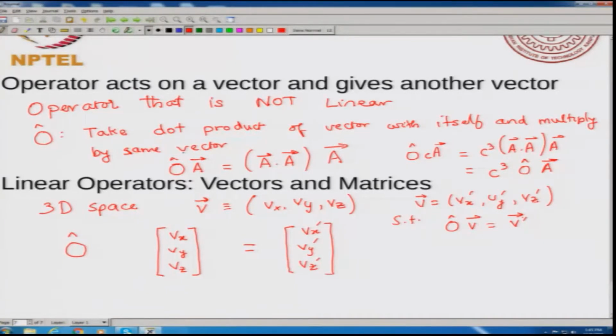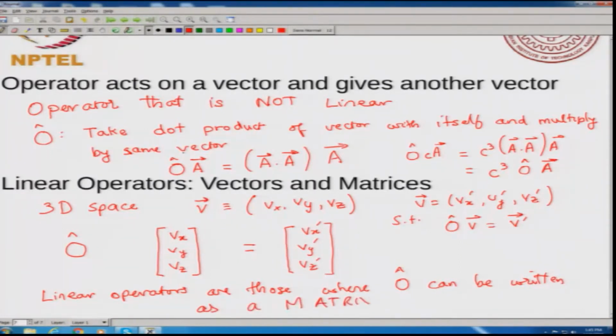So once you write it in this form, okay, you can ask what is a linear operator. There is no relation between V and V prime, okay. You can operate by any operator and you can get another vector, okay. Now linear operators are those where O can be written as a matrix, a 3 by 3 matrix, okay.